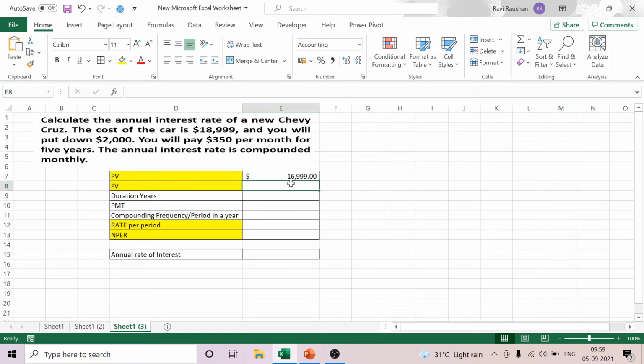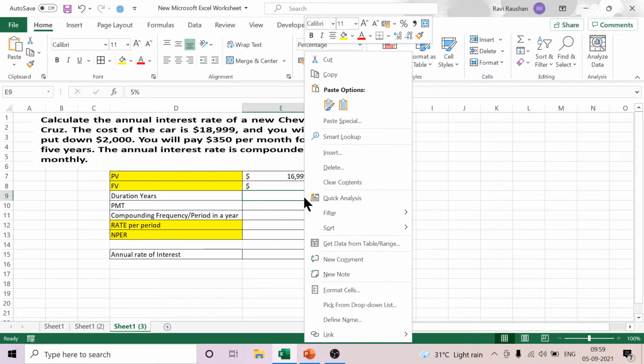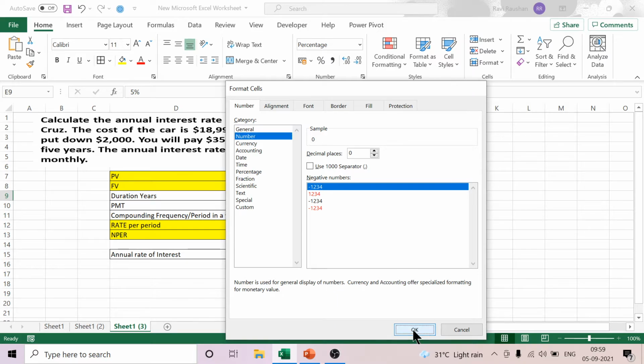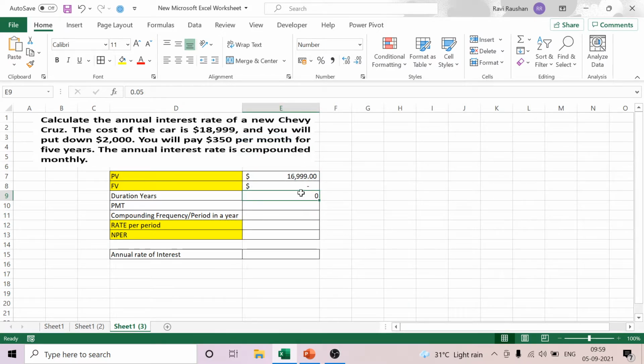Future value, again, it's a loan, so it is 0. Duration in years, let us see what they have given. You will pay for 5 years. So your yearly duration is 5. I'll have to change it to numbers because earlier I did it as a percentage. So I put duration as 5 years.